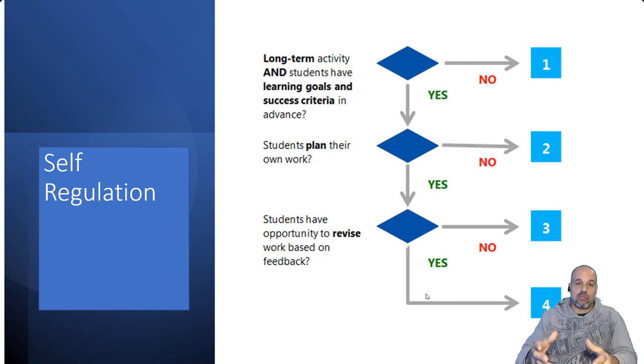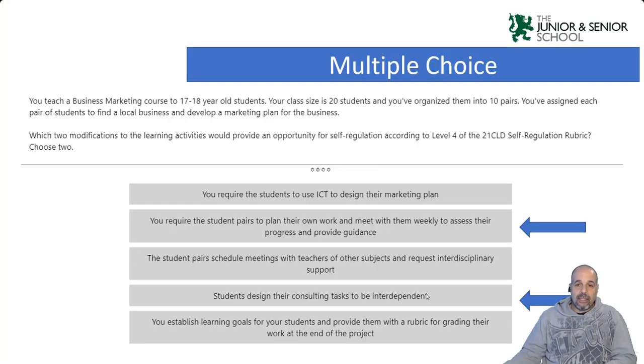So giving them the opportunity to act on feedback is what it's all about. And that's basically the first one here. You require the student pairs to plan their own work and meet with them weekly to assess their progress and provide guidance. Okay, so these 2 here are the correct ones.